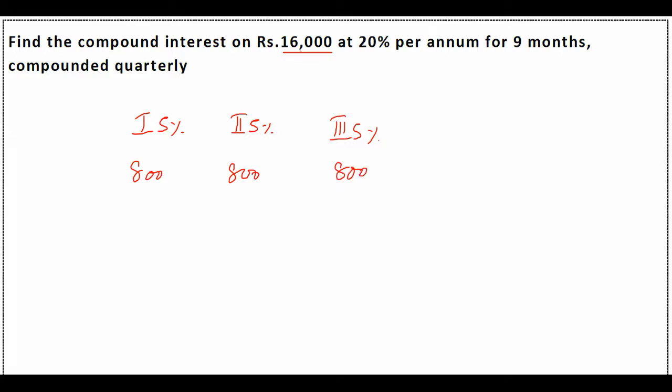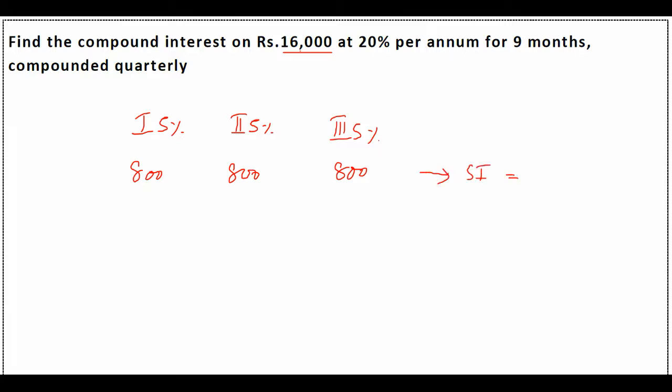Suppose it is the fourth year, 800, fifth year 800, and so on. So if the interest does not change every year, it means it is simple interest. So what is the difference between simple interest and compound interest? In simple interest, the interest will not change every year. But in compound interest, the interest changes each year, as interest is calculated on interest. So this is simple interest.